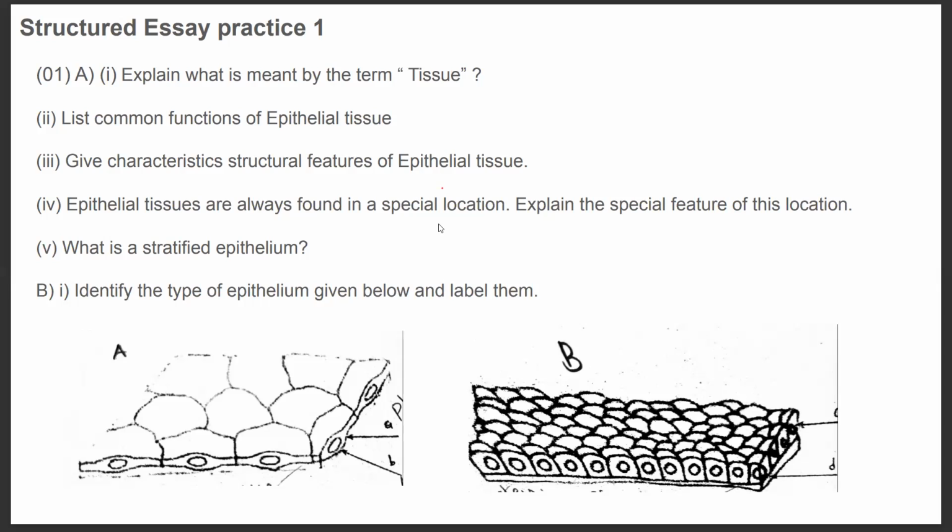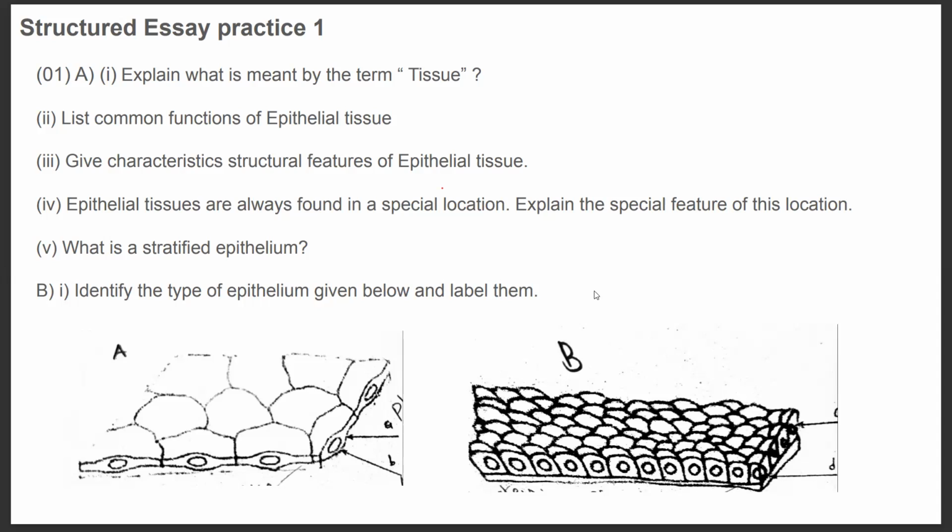Then, identify the type of epithelium given below. Now, A, what is it? It is simple squamous epithelium. Here, arrow A is the plasma membrane, and arrow B is the nucleus.